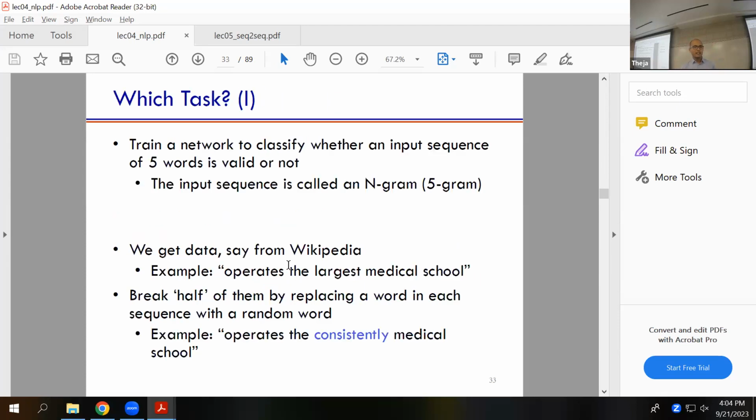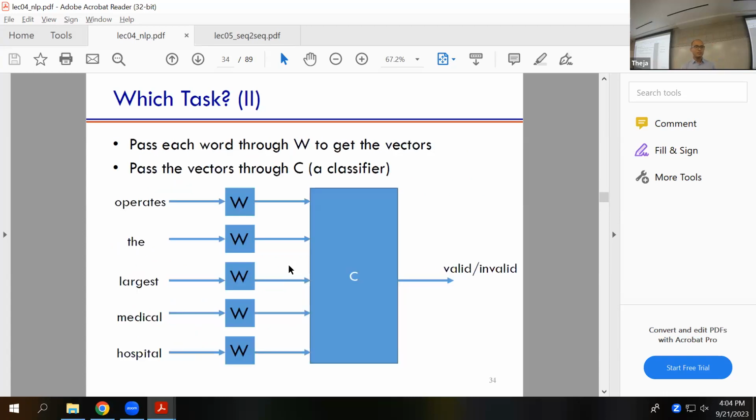One of the ways we were doing it was some classification problem. I don't want to repeat this because we're going to look at word2vec and we'll have a specific classification problem. But basically, if you had a valid sequence of words, then these are picking up the vectors for those words, and those vectors are being used to do the classification.